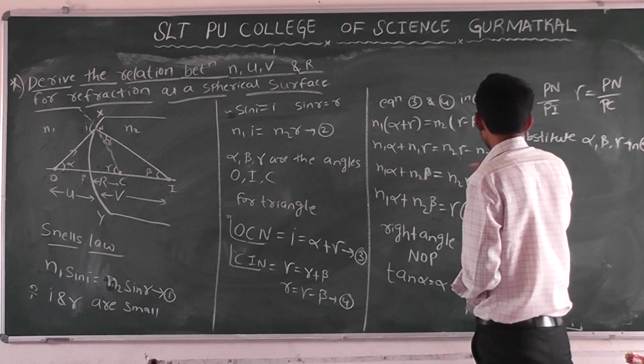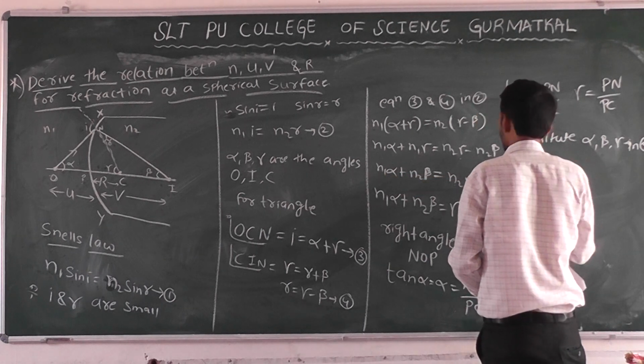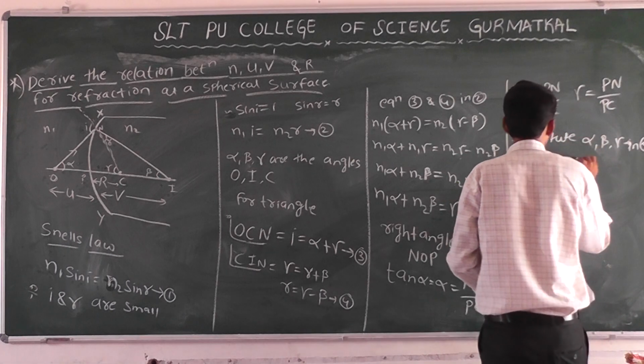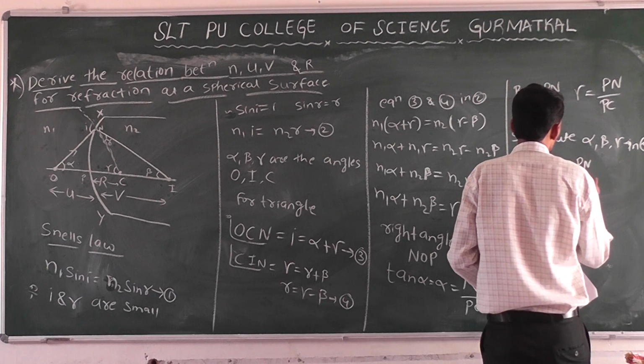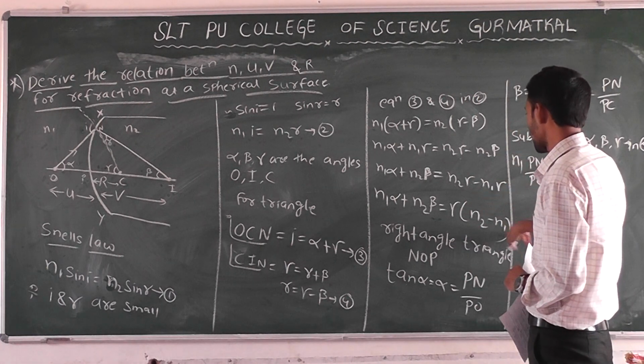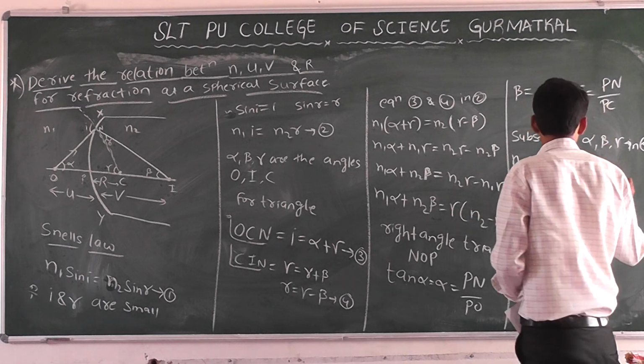Next, where is equation 5? n1 alpha meaning PN by PO, plus n2 as it is. What is beta? PN by PI. So we are taking equation 5: gamma is equal to n2 minus n1, with gamma meaning PN by PC.